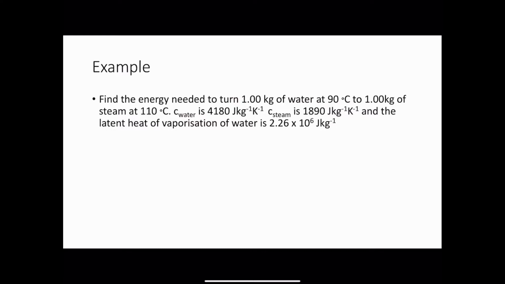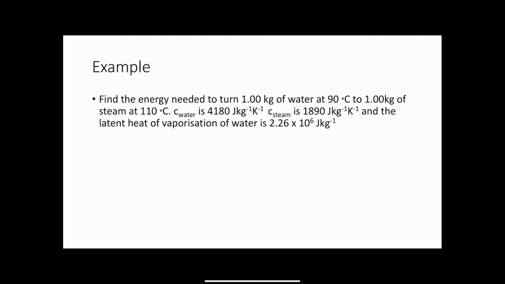Okay, so a bit to unpack here, but relatively straightforward if we follow some simple steps. First of all, we want to find the energy needed to heat the water by 10 degrees, because that's what we need to think about first.